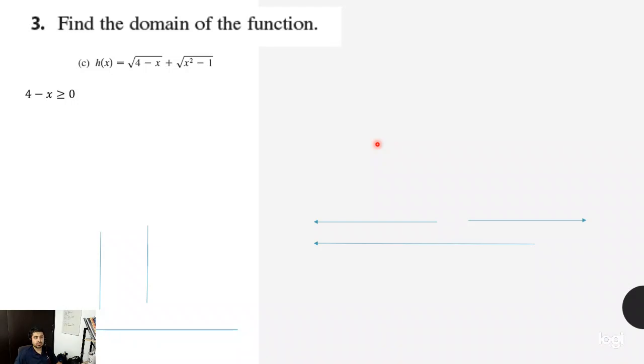So let's start with 4 minus x is higher or equal to 0. So then we have 4 higher or equal to x, which is exactly the same as x lower or equal to 4.